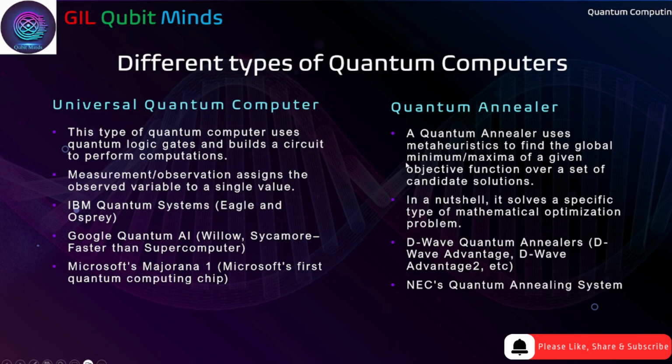It may be a maximum or minimum. Measurement and observation assign the observed variables a single value. In a nutshell, the quantum annealer solves a specific type of mathematical optimization problem. Solving an optimization problem is the main goal of this quantum annealer.